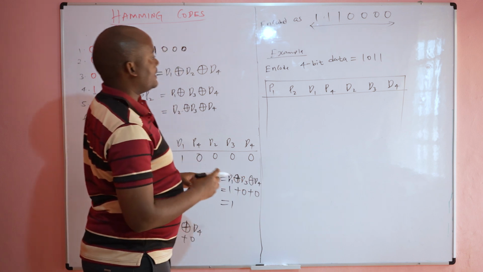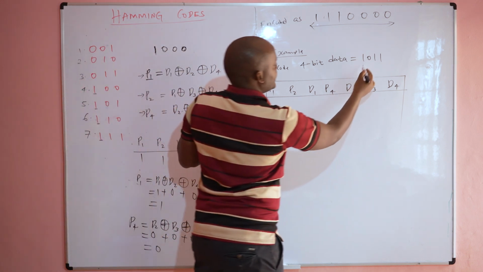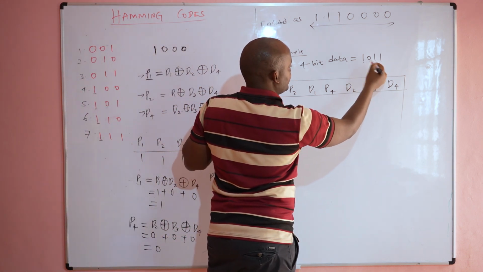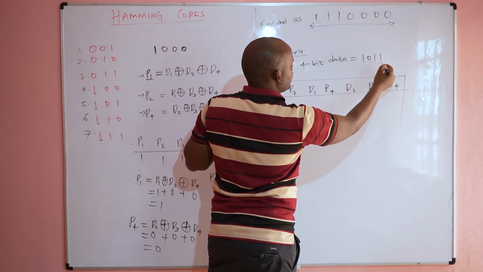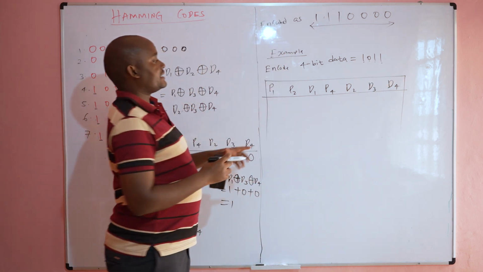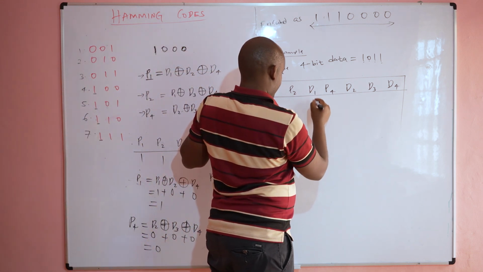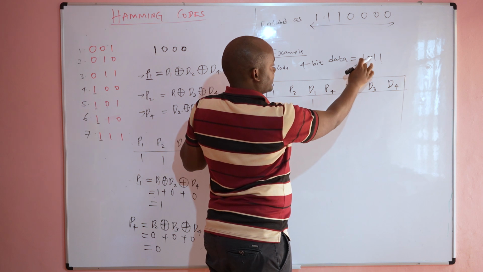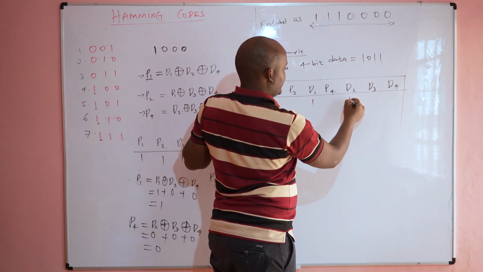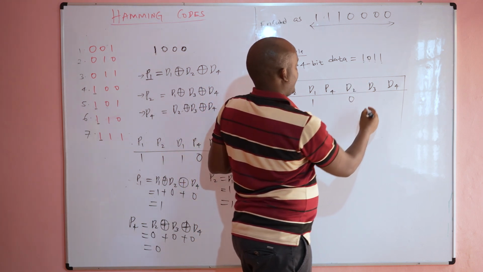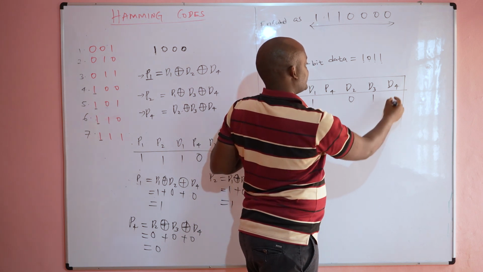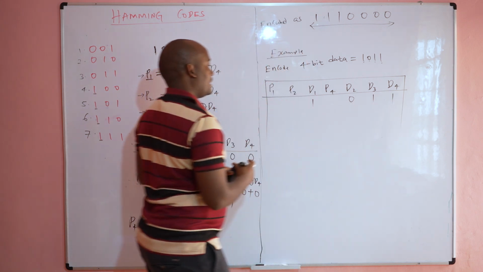So once again, this will be our D1, this will be our D2, this will be our D3, and this will be our D4. So we should check the positions in this particular table that we are given. This will be 1. Our D2 will be equal to 0. Our D3 will be equal to 1, and our D4 will be equal to 1.